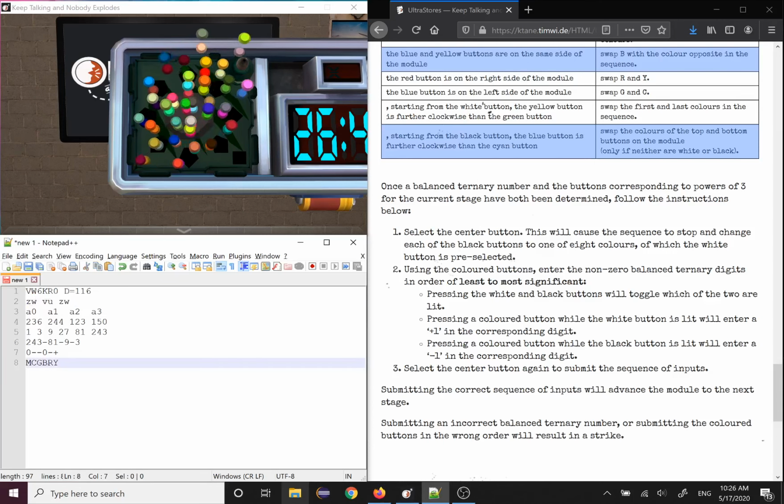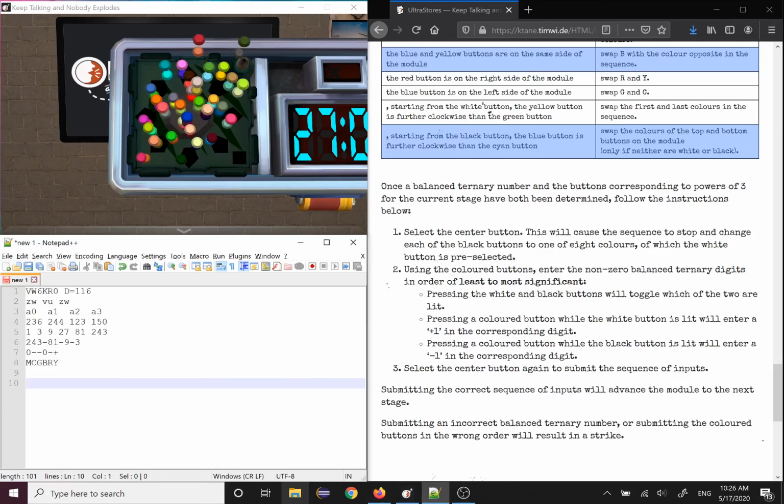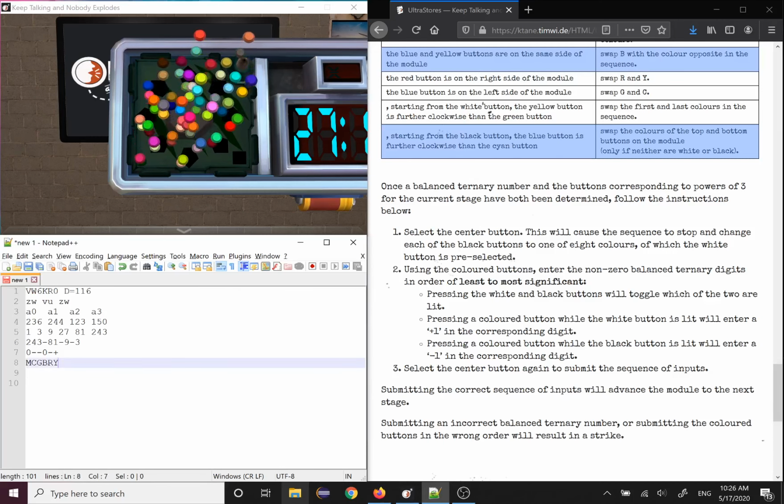However, when the module strikes, you do not get new rotations, so that is a nicer aspect of the module. However, you do need to be careful to change this sequence, because when you press the gray button again, the colors of the buttons will have changed.